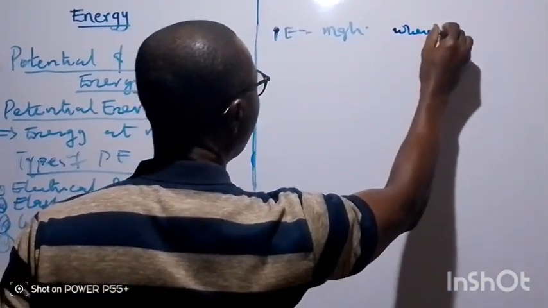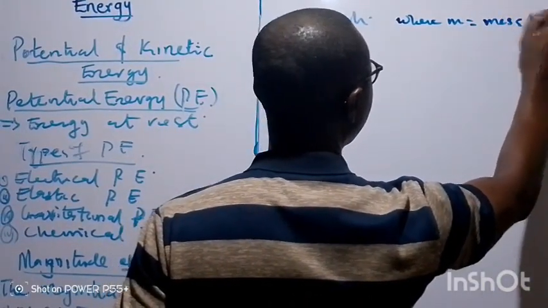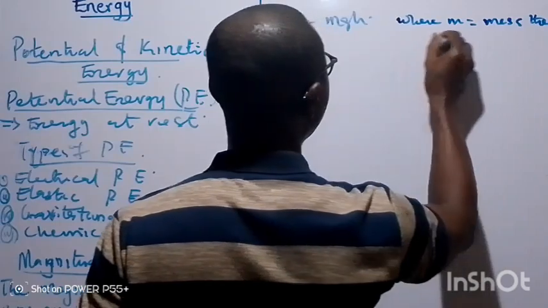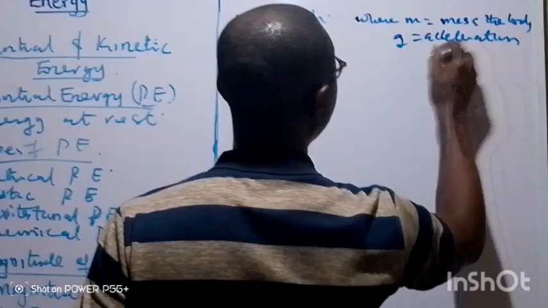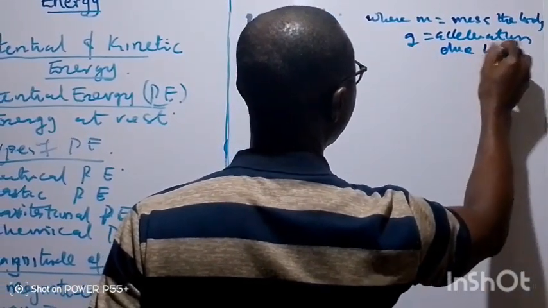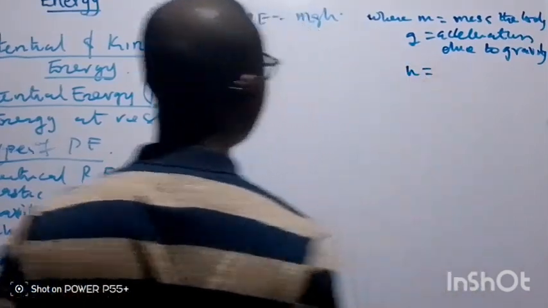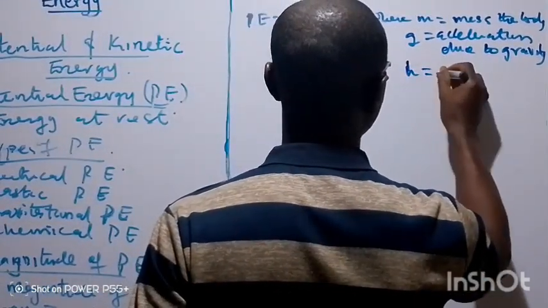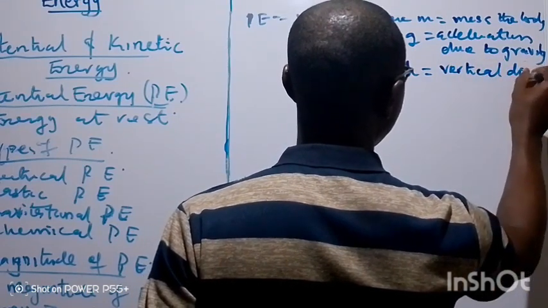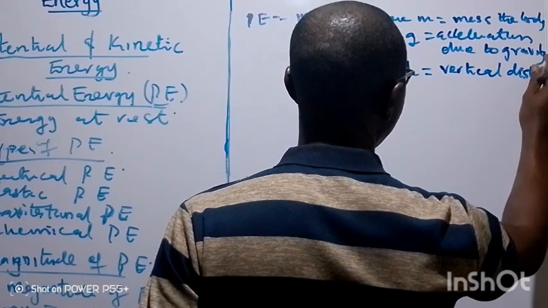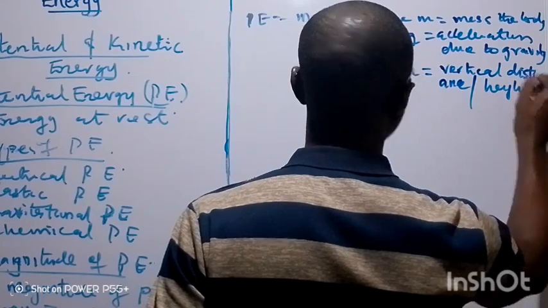m is the mass of the body, g is acceleration due to gravity, then h is the height or vertical distance of an object.